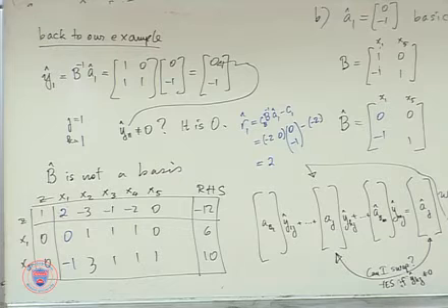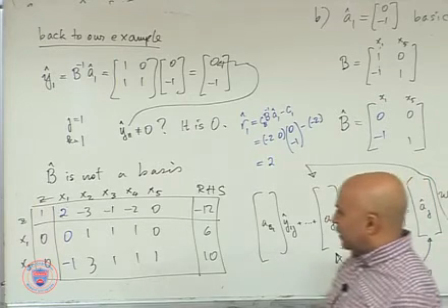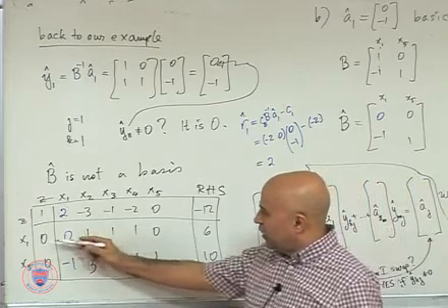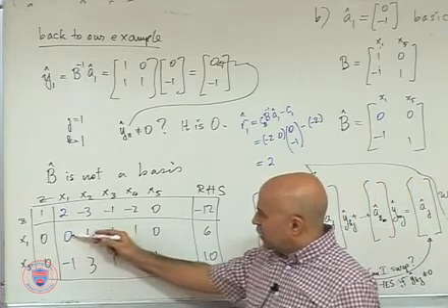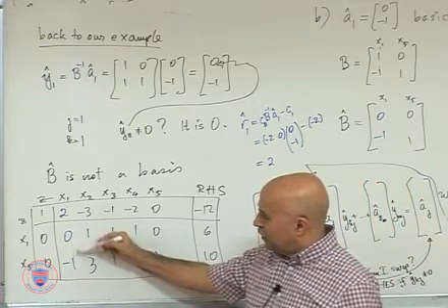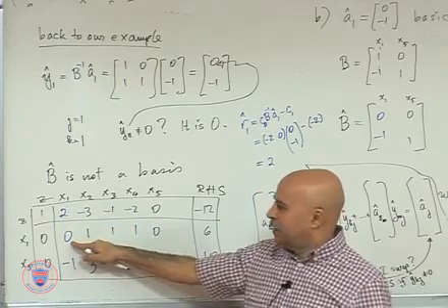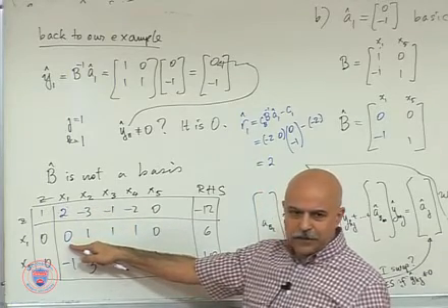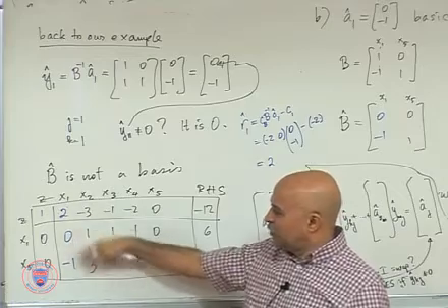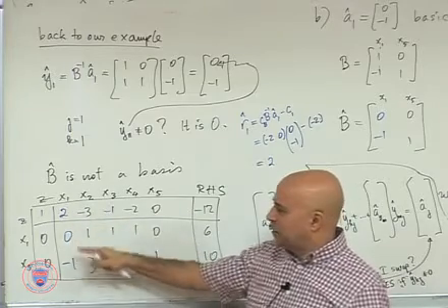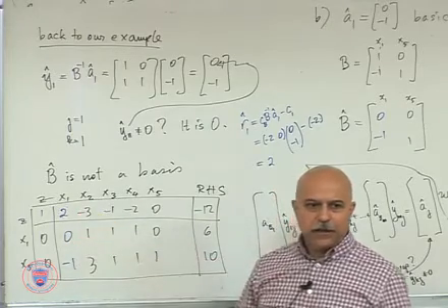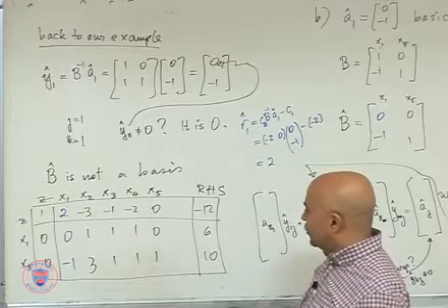Okay. Now, this is not in proper form yet. Actually, what you want is an x1 column with a 1 here, 0 here, 0 here, but you cannot pivot on this guy. Since you cannot pivot, you cannot create the unit vector here. 0, 1, 0 cannot be made. So what do you do?